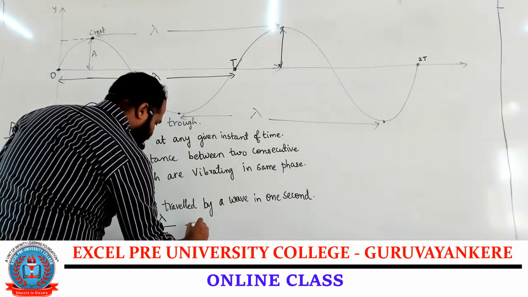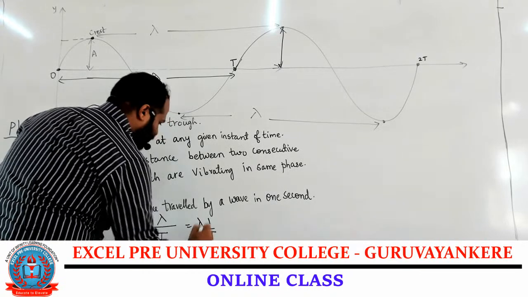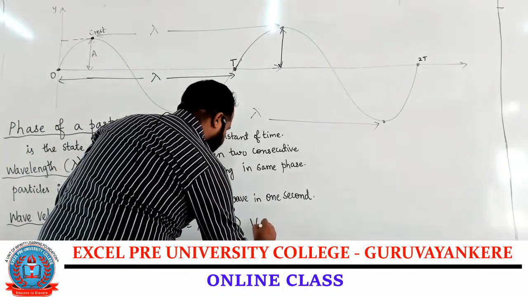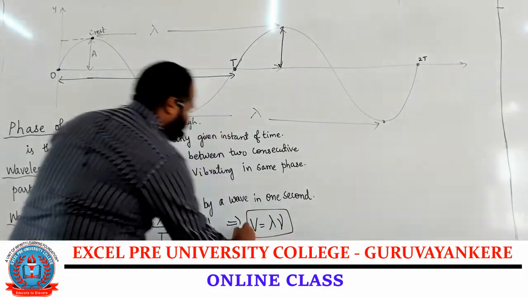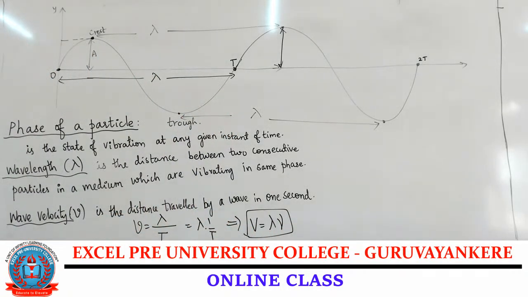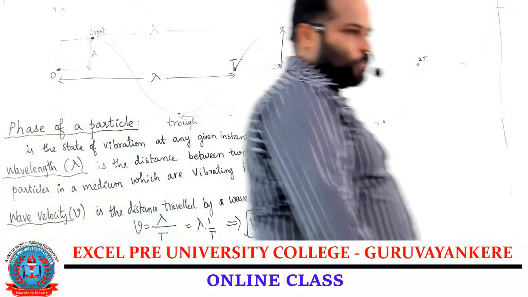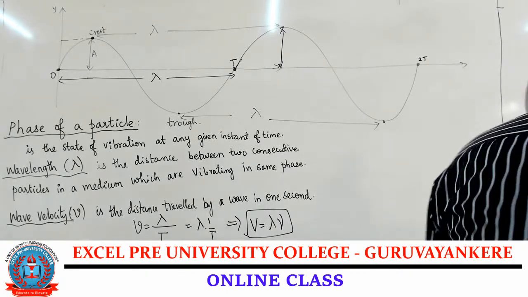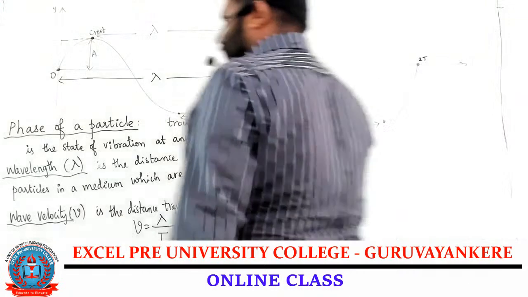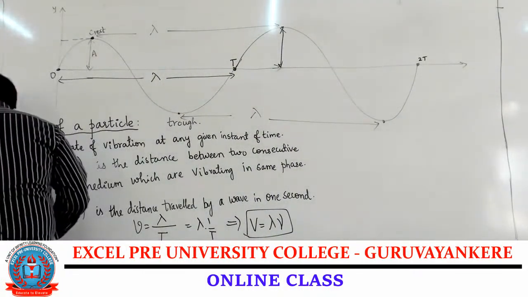That can be written as lambda into 1 by T. That implies V is equal to lambda nu, the expression for the velocity of a wave. I hope it is clear to all of you. Any doubts? Velocity of a wave can be given by that.